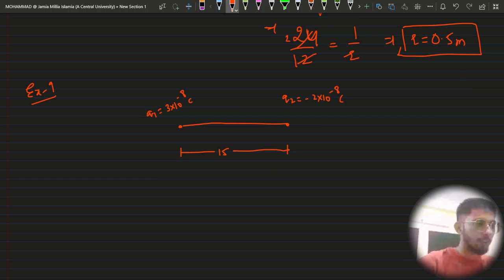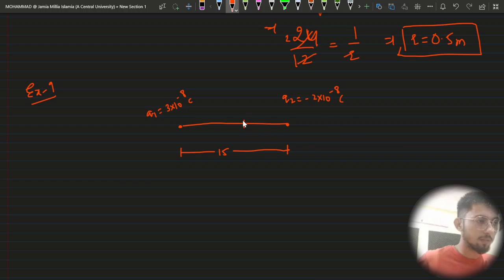What he asked is, at what point on the line joining the two charges is the electric potential 0? What he's saying is there is some point P on this line. Don't take it in the middle because we don't know where it is.